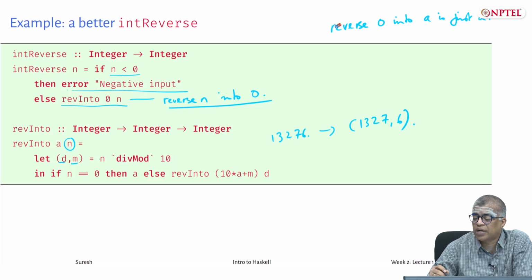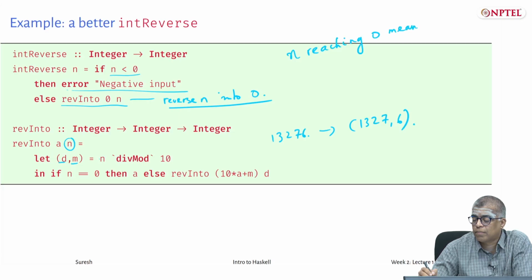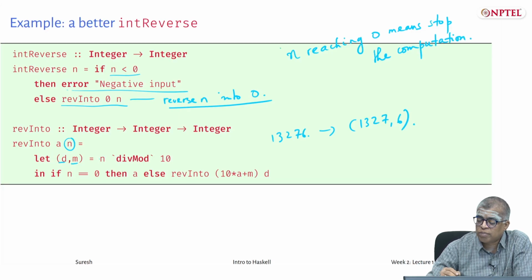It's not technically true, but when n reaches 0, you want to stop. n reaching 0 means stop the computation.